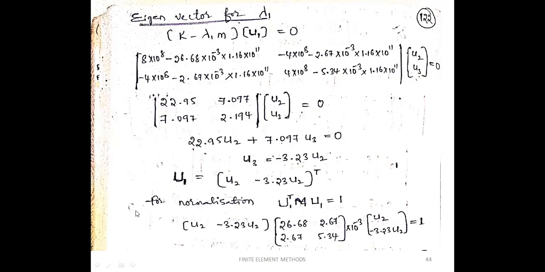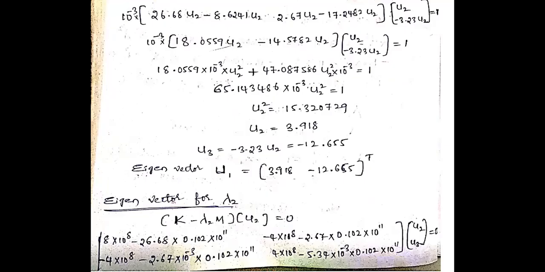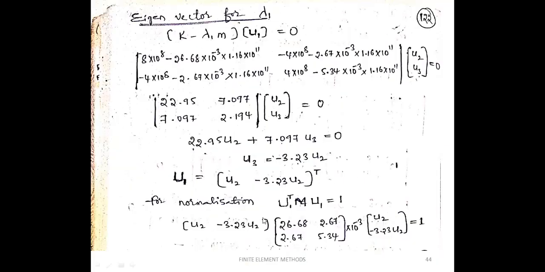For normalizing, the formula can be written as u1 transpose into mass matrix into u1 must be equal to 1, or otherwise you can use u1 transpose into k into u1 must be equal to 1. So this is a normalization.